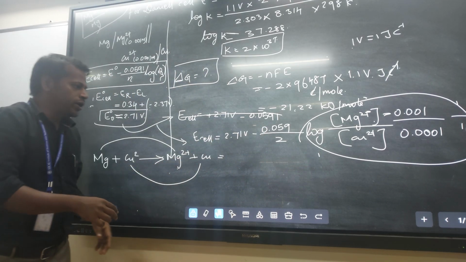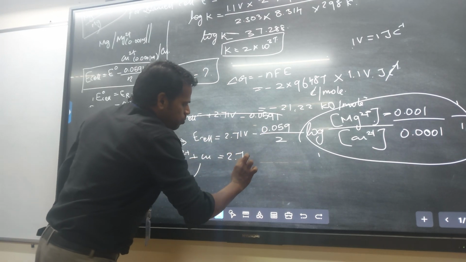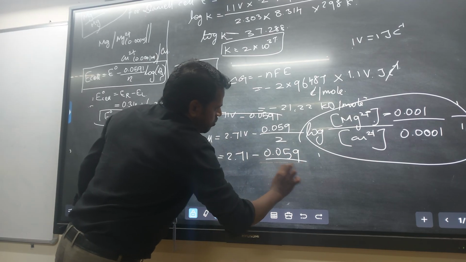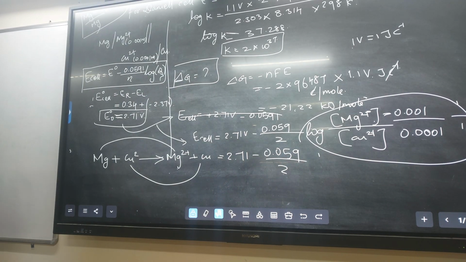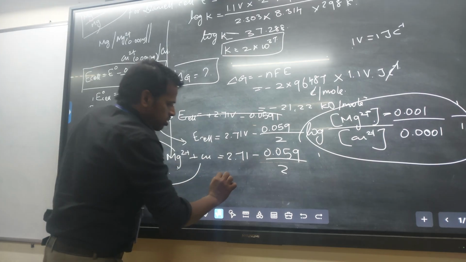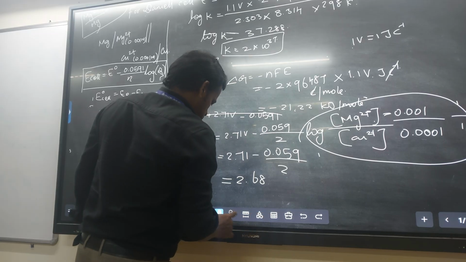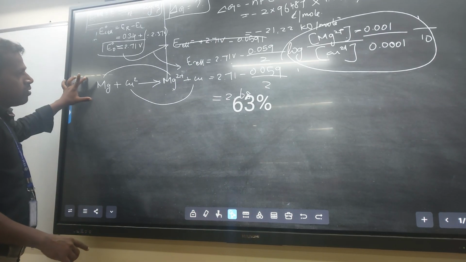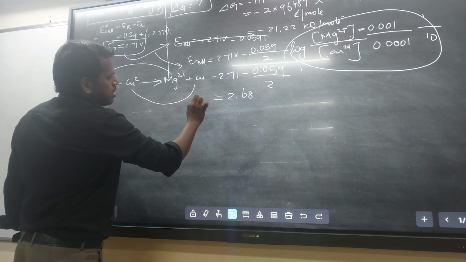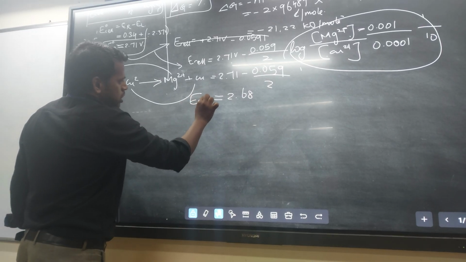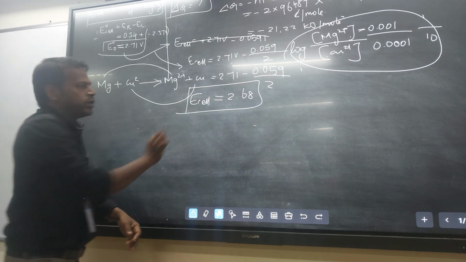Therefore 2.71 minus 0.0591 divided by 2. That's it. Approximately 2.68 is the E cell value. E cell equals 2.68.